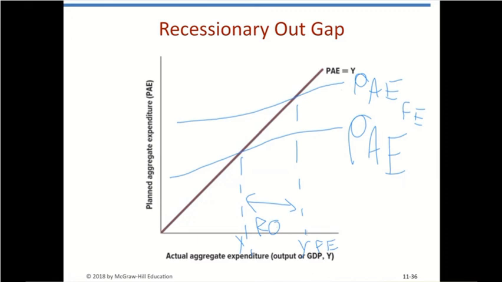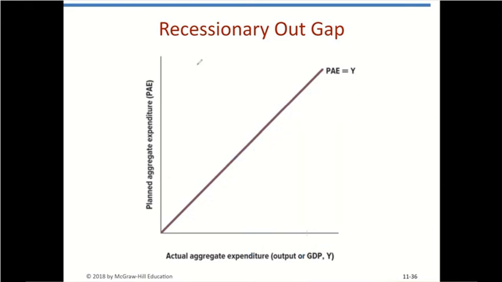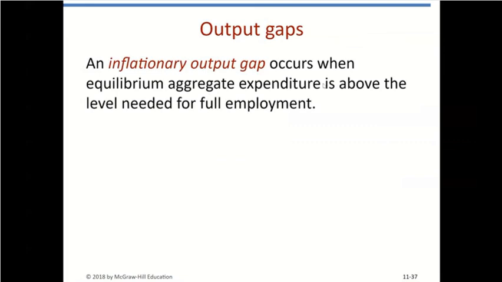Now, on the other hand, we have the inflationary output gap. As you can see on your screen, an inflationary output gap occurs when equilibrium aggregate expenditure is above the level needed for full employment.